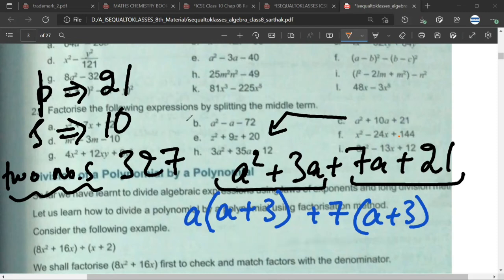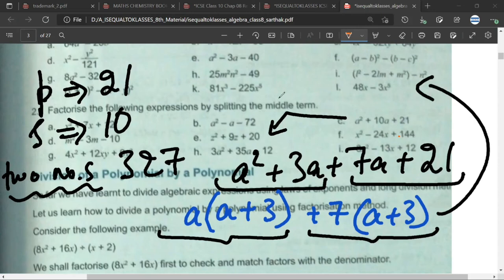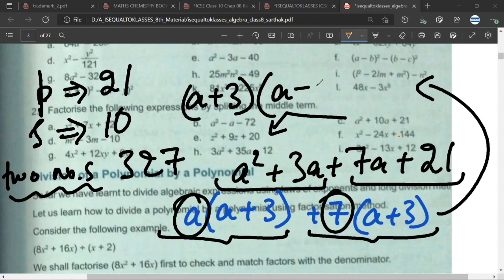What will be the common factor? A plus 3. What will be left? It's a plus 7. Are we clear? Yes. Nice.